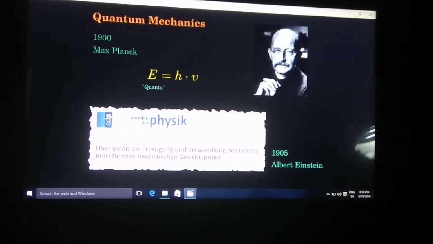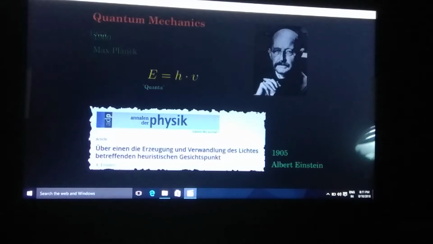Through this mechanism, he explains the photovoltaic mechanism completely, and that laid the foundation for even the semiconductor industry.